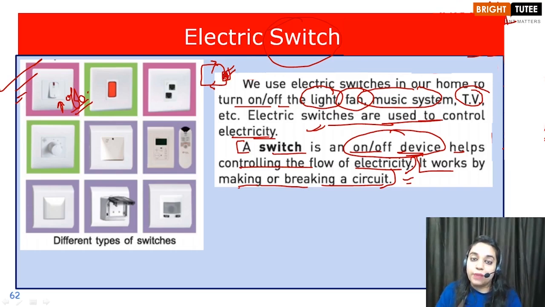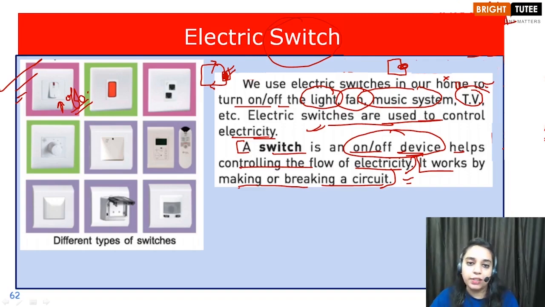The switch will complete the circuit, that is, it will make the circuit. And if we have to turn off the device, what will it do? It will, children, break the circuit. When the electric circuit breaks, the current will not flow. Okay children, understood?